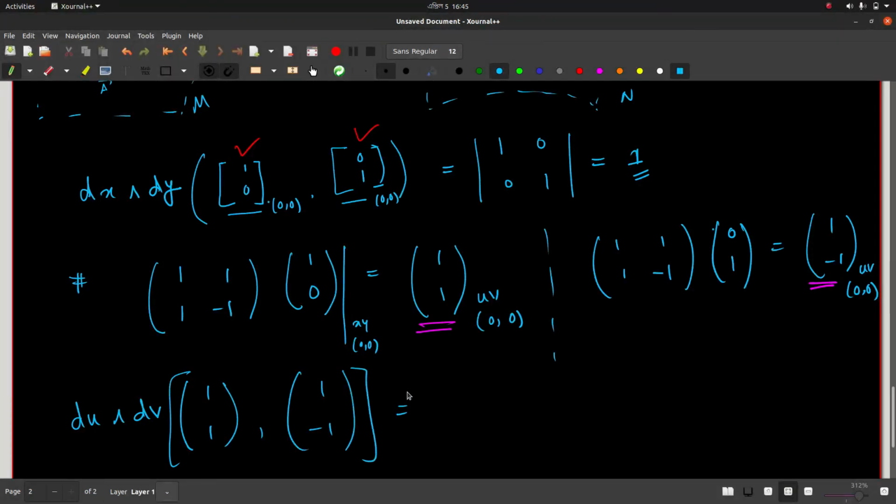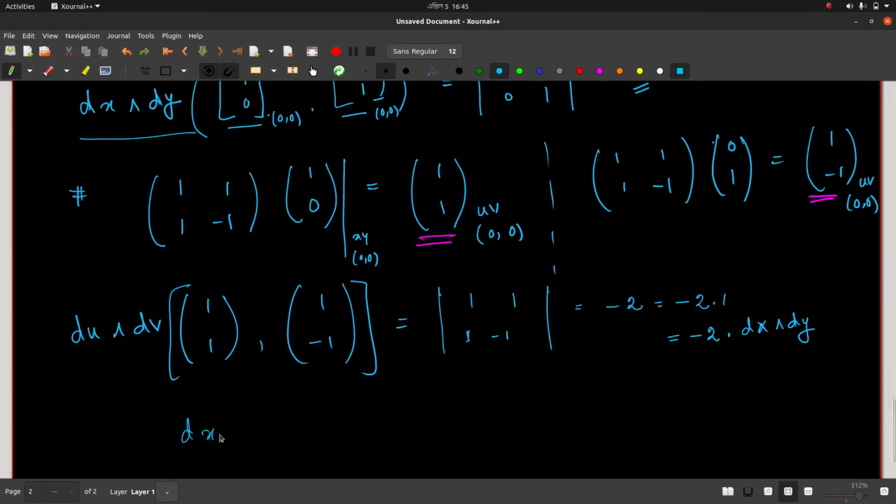Now if you compute it, what you have is some determinant given by [1 1; 1 -1], and this is just minus 2, and from here you can write minus 2 times 1, and 1 was what? dx wedged with dy, so you can write it as minus 2 times dx wedged with dy, and finally you have the relationship that we computed earlier.